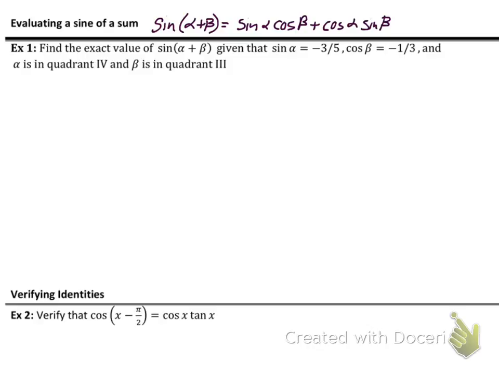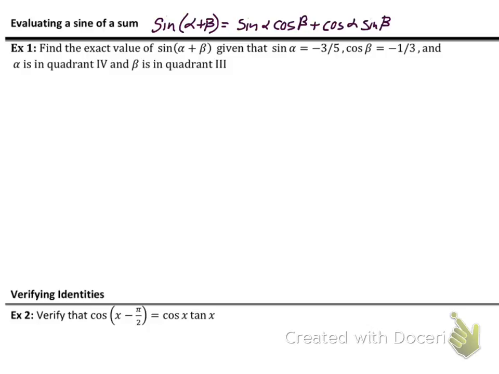And the reason why I need to know that is because they want the exact value. If I knew sine alpha, cosine beta, and cosine alpha and sine beta, I'd already have the answer. I would just plug those values in.